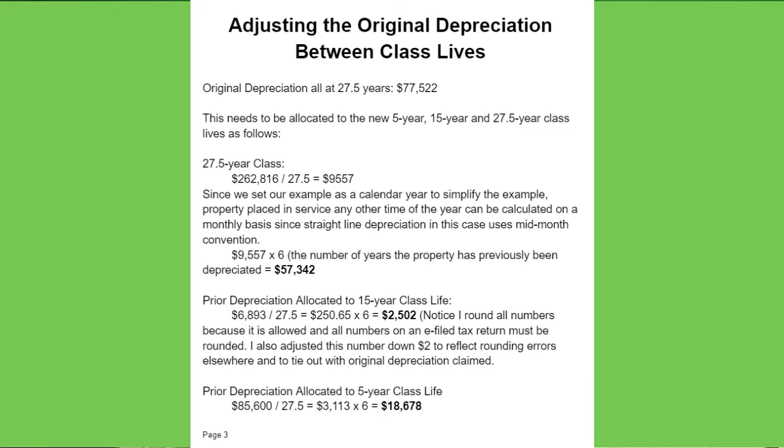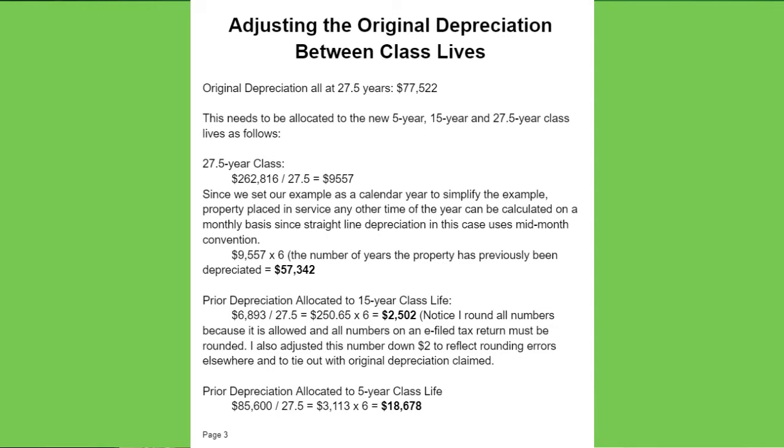And since we've been depreciating it for 6 years exactly, again, it's easy figuring here, we come up with $57,342. Now this is different than the original depreciation we had, which was $77,522.